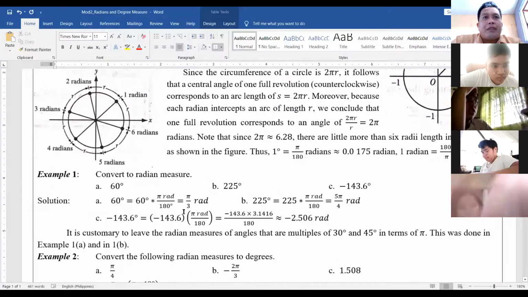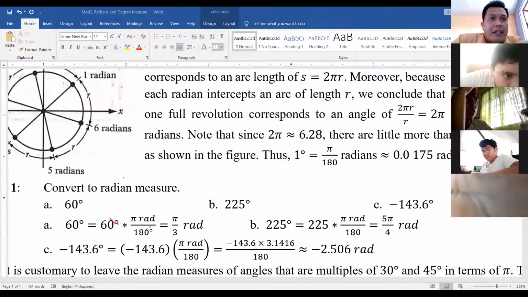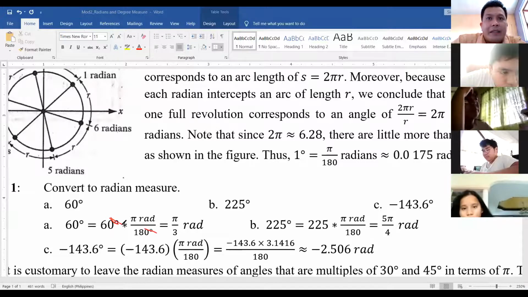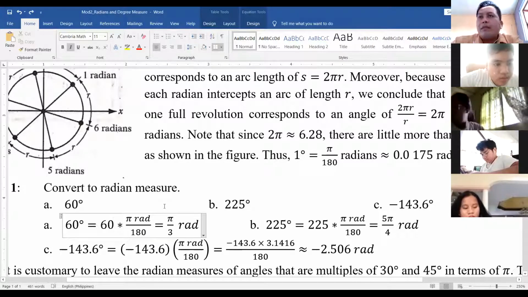But if you focus on simplifying this expression, degrees can be cancelled. So we need not write the degrees there; just go directly to eliminating them. And then the calculator will do everything here, class. 60 divided by 180 is 1/3. So your answer is 1/3 pi rad or pi over 3 rad.